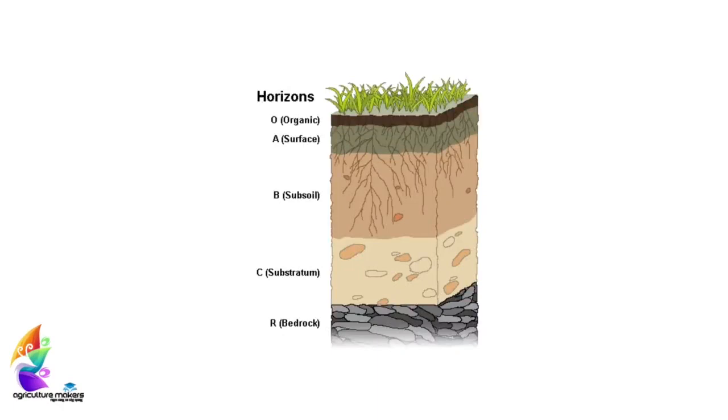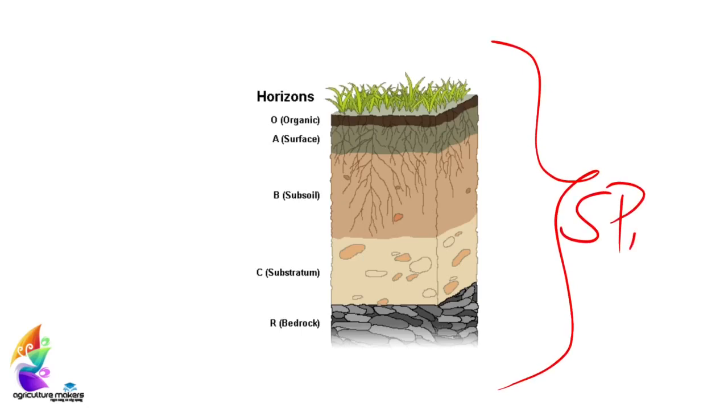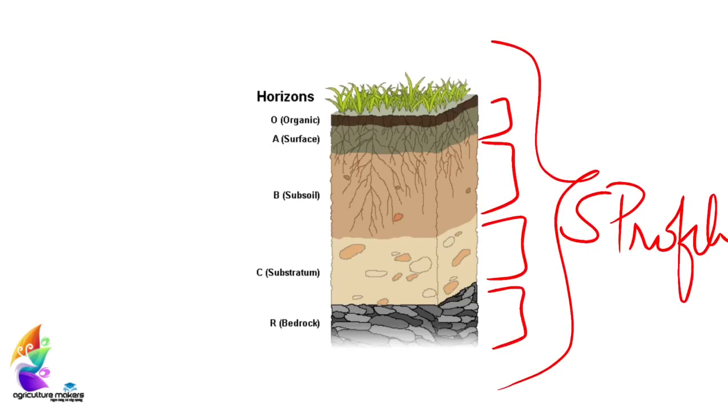Before going into the orders, we can see about the horizons. It will be helpful while studying your orders. A vertical section of the soil is said to be the soil profile, and in the soil profile each layer of the soil is said to be a horizon.